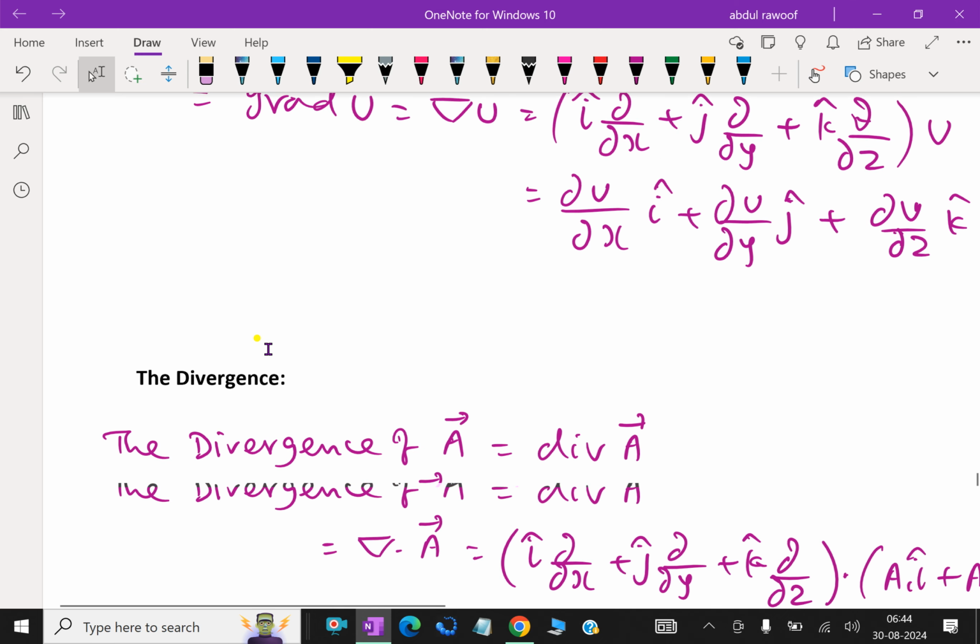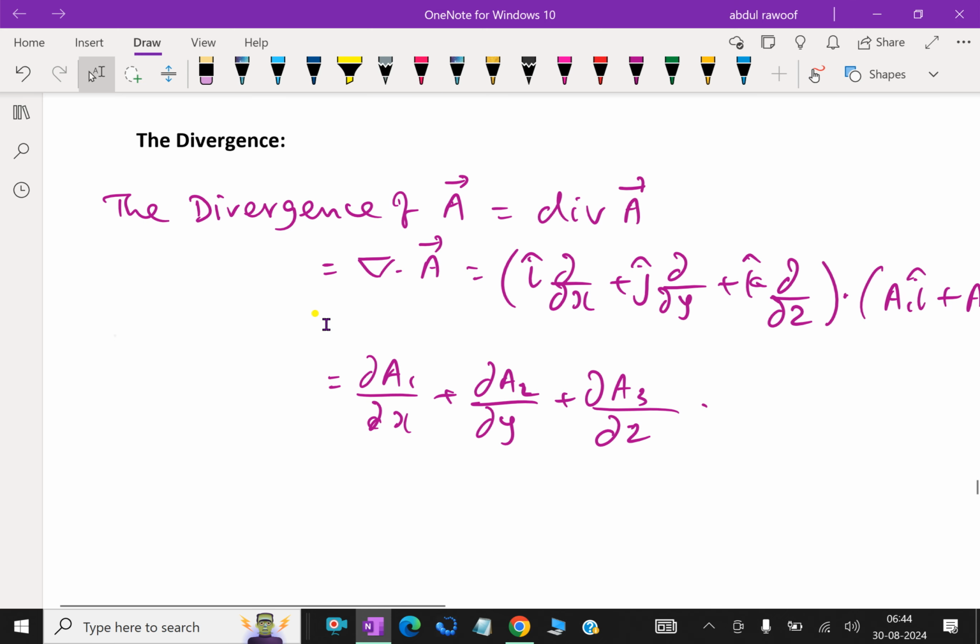This is the gradient. Next one, the divergence. What is the divergence? The divergence of vector A, div A, is equal to del dot A vector.